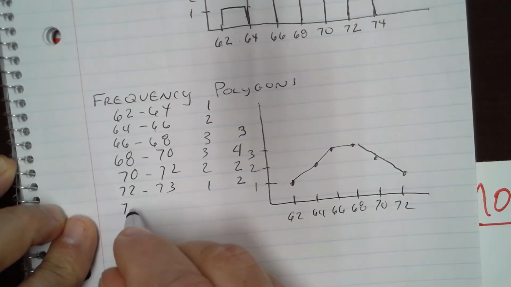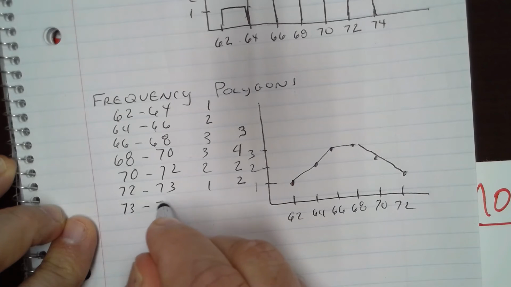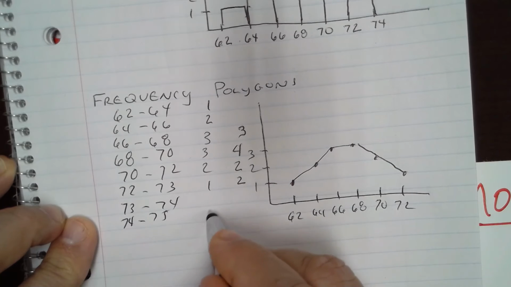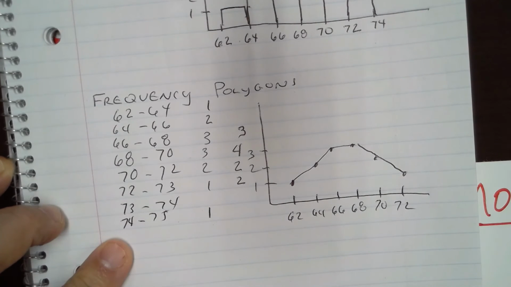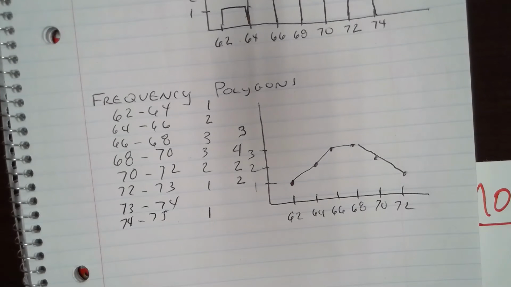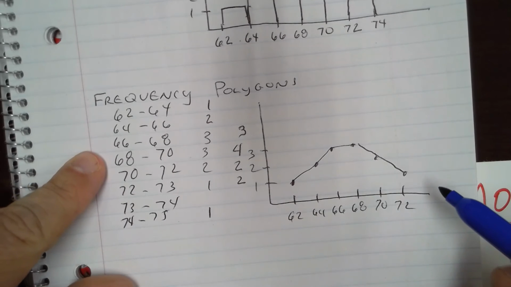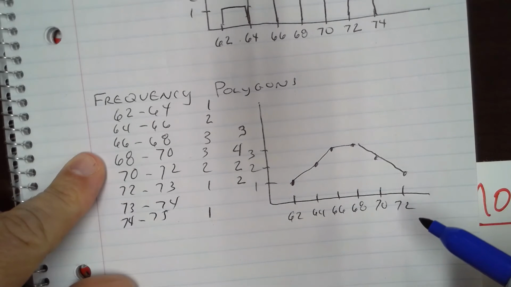And then they have one that's up here at 74 inches. Okay? She's a giant. So then what I would do is I would use a different color to represent the other one, and I'm overlaying it on top of the other frequency.